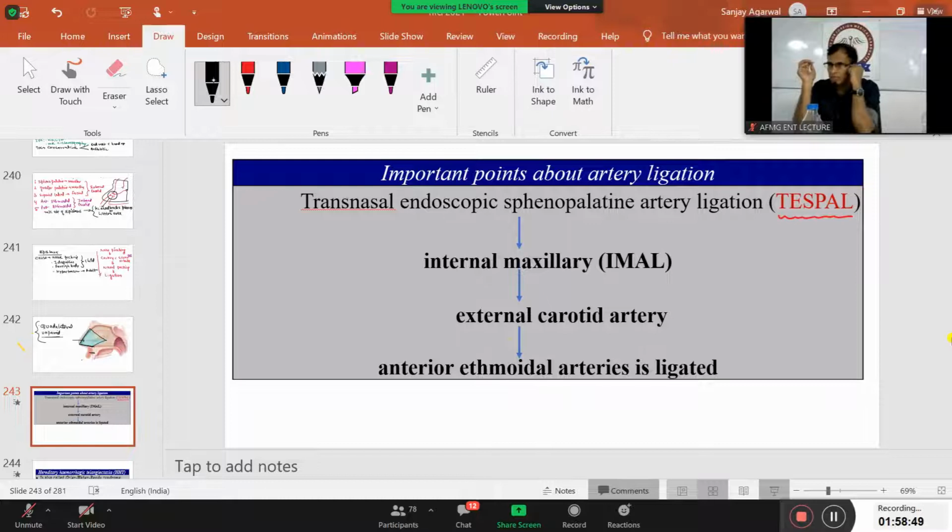The sequence in which we ligate the arteries in epistaxis is given here: first, sphenopalatine artery, then maxillary artery, then external carotid, then finally anterior ethmoid.